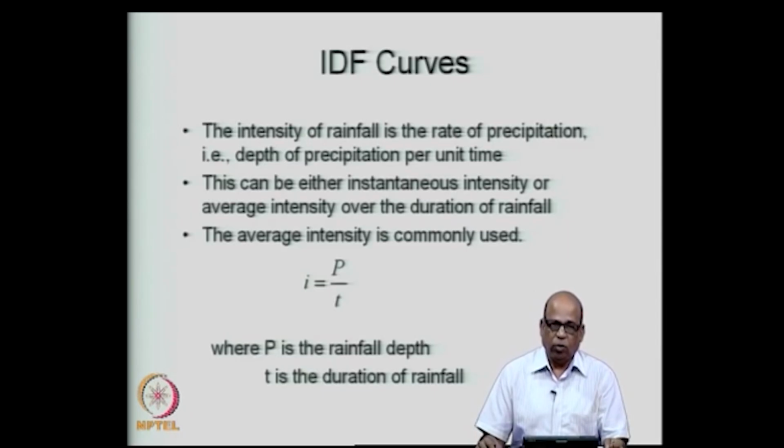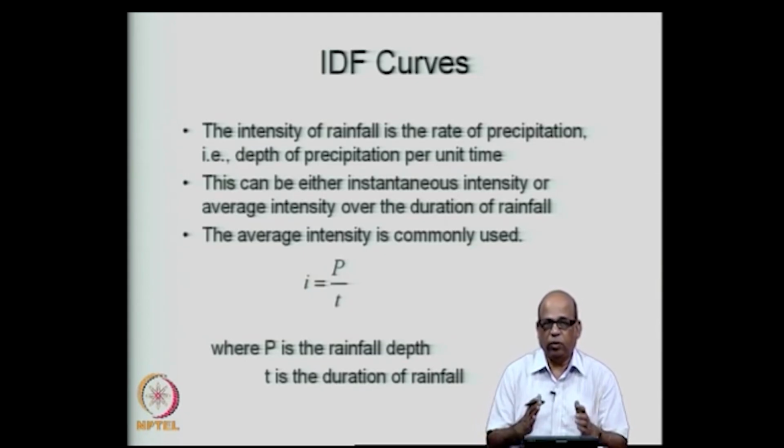And we have been talking always about intensity when we come to IDF relationships. Now, the intensity can be just instantaneous intensity, or a rainfall has occurred over a period of time and then you are talking about average intensity. Typically, in the IDF relationships that we use for hydrologic designs, we construct the IDF relationships using the average intensity of rainfall.